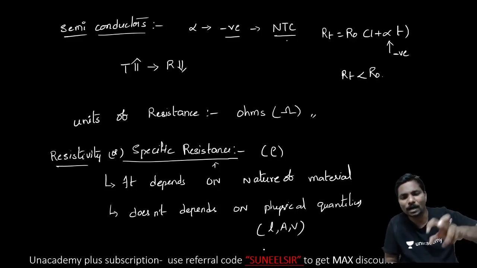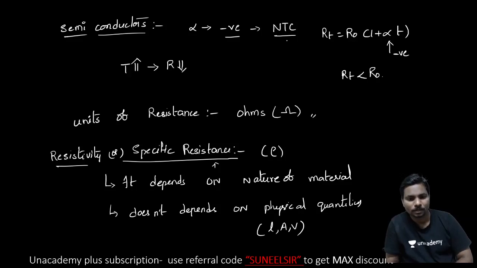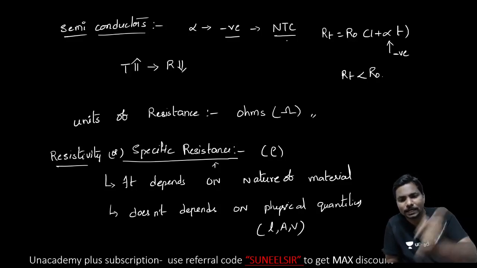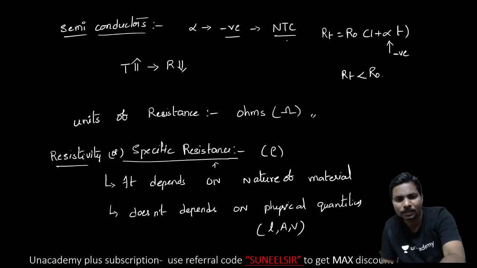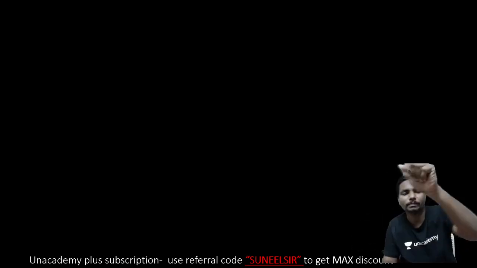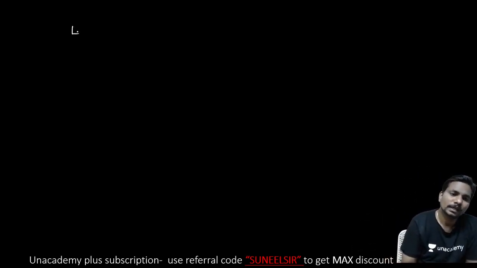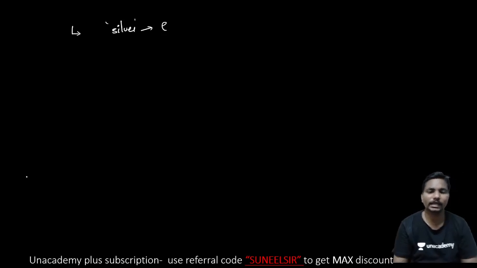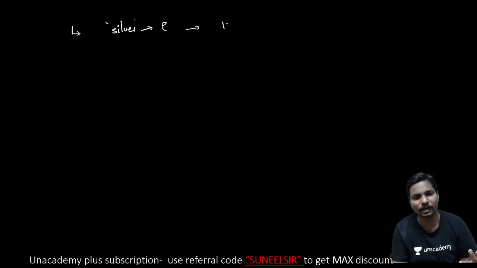What is the meaning of these 2 points? It depends on the nature of material means, if it is silver, it has one resistivity. For the entire silver material, whether it has 1 meter length or 1 kilometer length, it has the same resistivity.